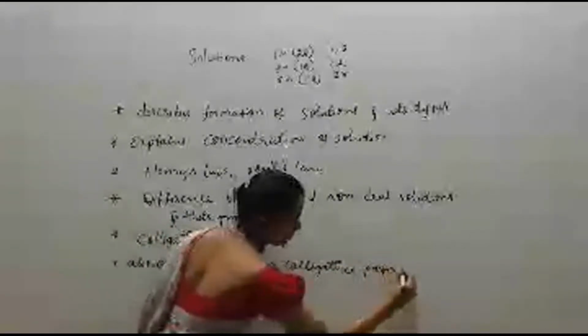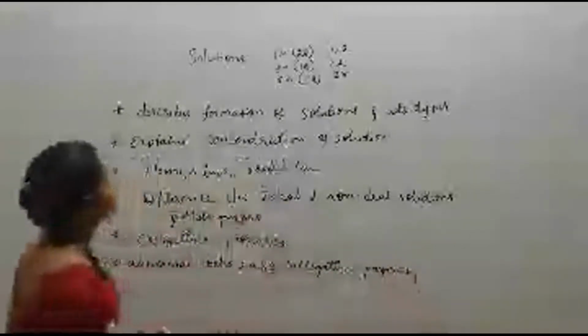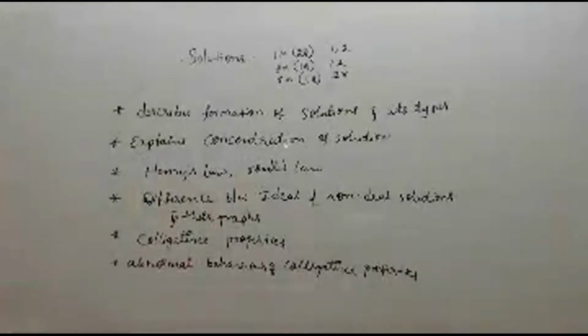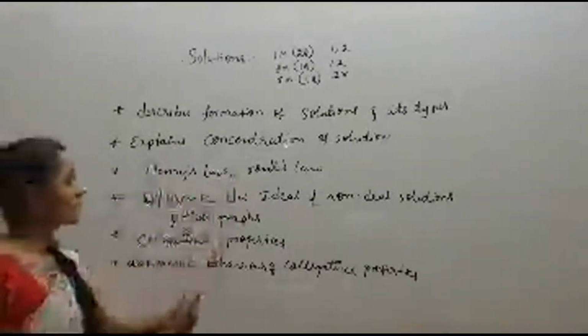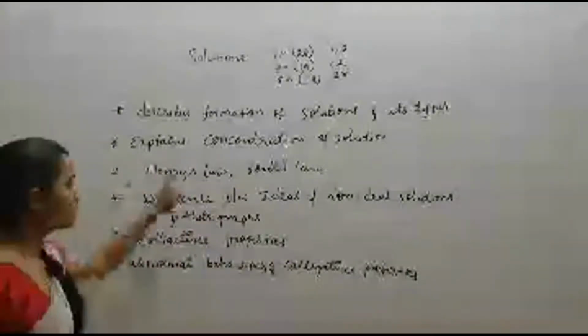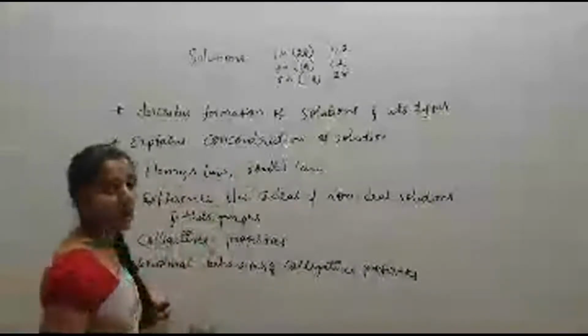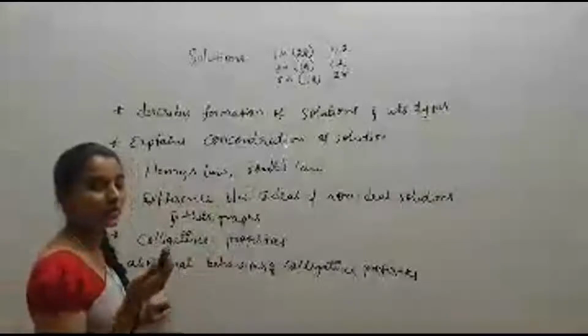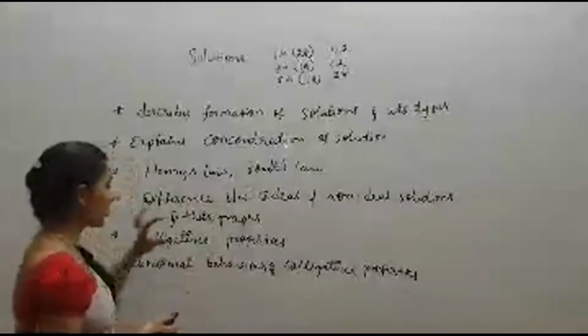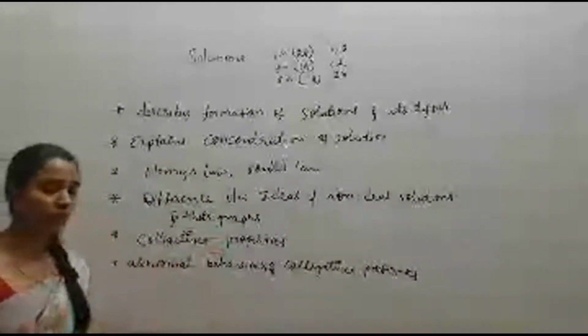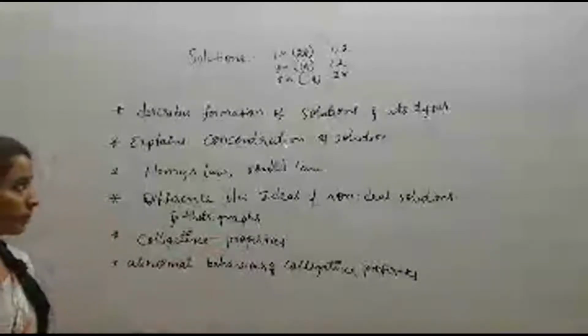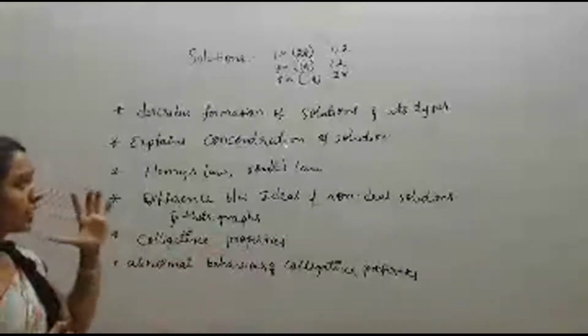This we are going to study in this chapter on solutions. It describes the formation of solutions, explains the concentration of solutions, Henry's law and Raoult's law, the difference between ideal and non-ideal solutions and the graphs, how they vary with temperature and pressure, and also colligative properties and abnormal behavior of colligative properties. This we are going to study in this entire chapter.